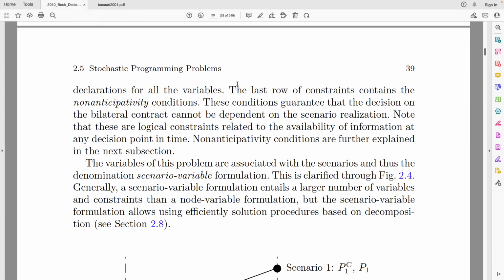Remember that the contract does not know the realization of the uncertainty, because that's the first node on the tree, the root node, so it doesn't have any information about the future. So by setting these three variables equal to each other, we are dismissing the possibility that we are using information from the future to take the decision.